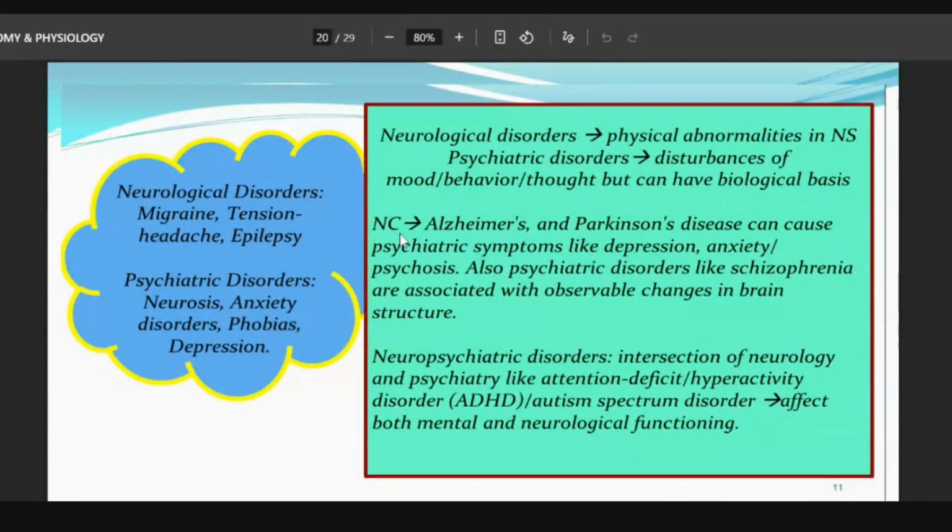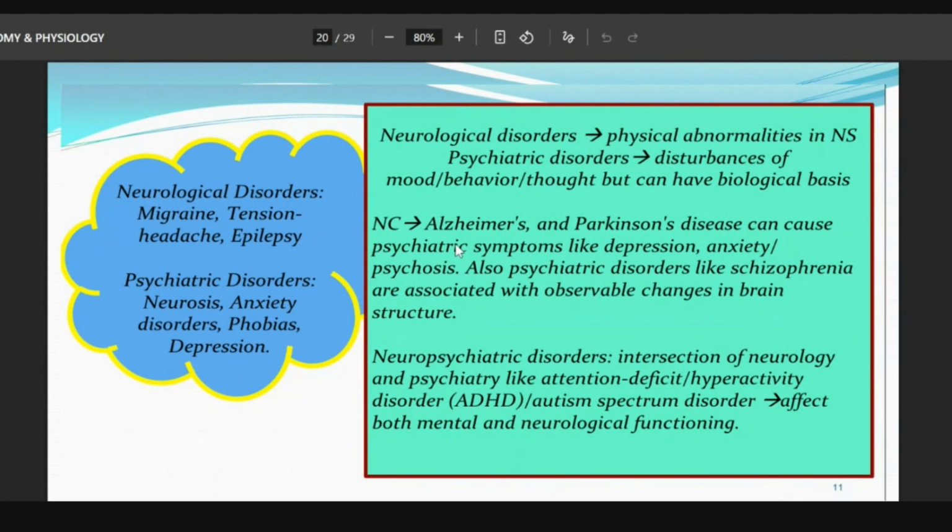Now for example, we can say that Alzheimer's, Parkinson disease, they also have some psychiatric symptoms. We know that Parkinson people, they tend to feel depressed and at times feel very rigid, and they are anxious also. They tend to get even panic attacks also.